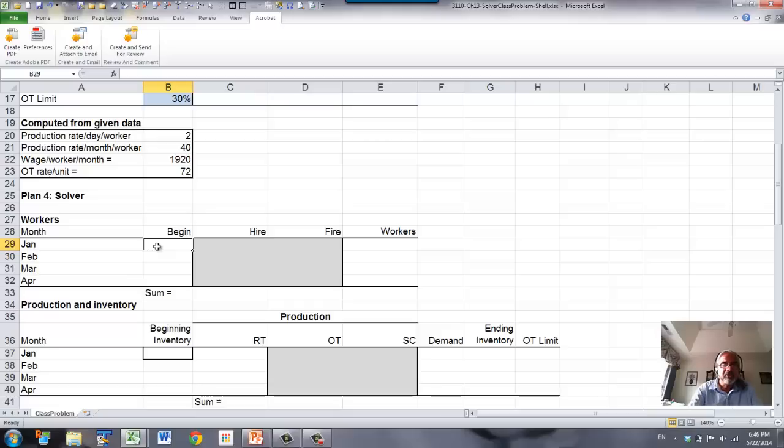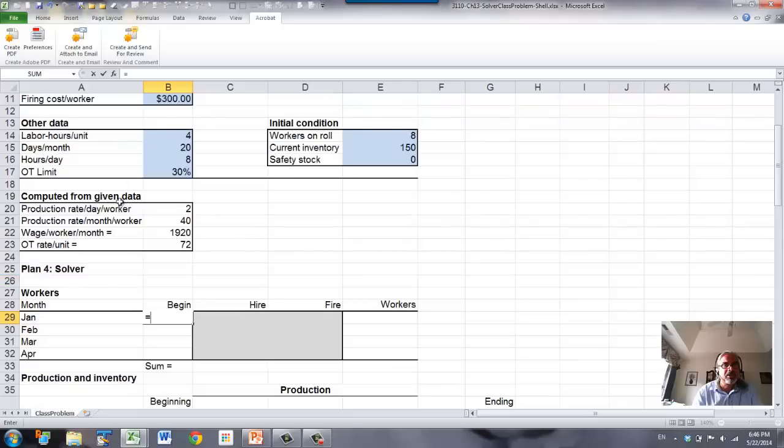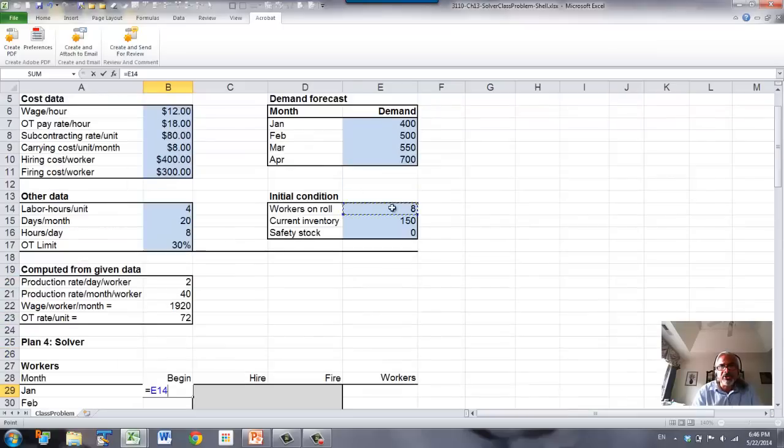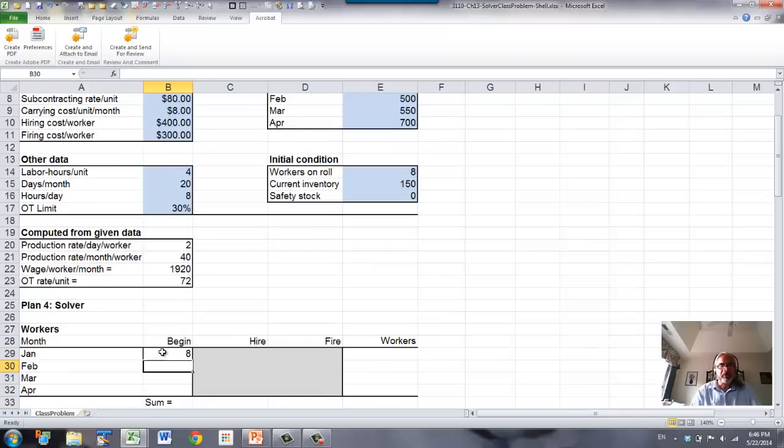So we begin with the initial number of workers, which is given. Initial number of workers is the initial condition, so here that's 8. So if we begin with 8, how many workers we will have producing in the month of January? So you start with 8, you add the number of workers we're going to hire minus the number of workers we're going to fire.